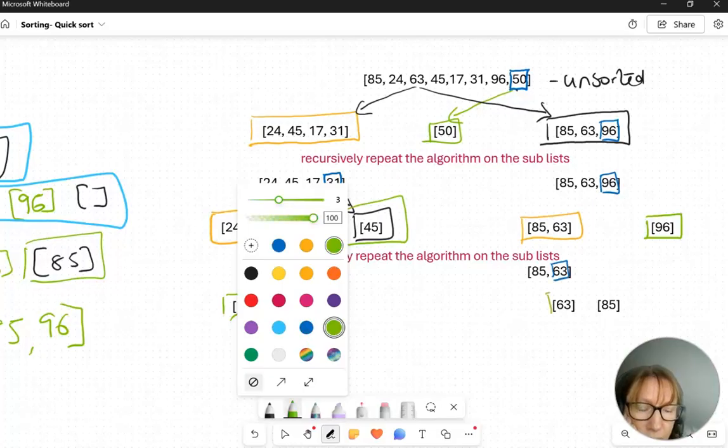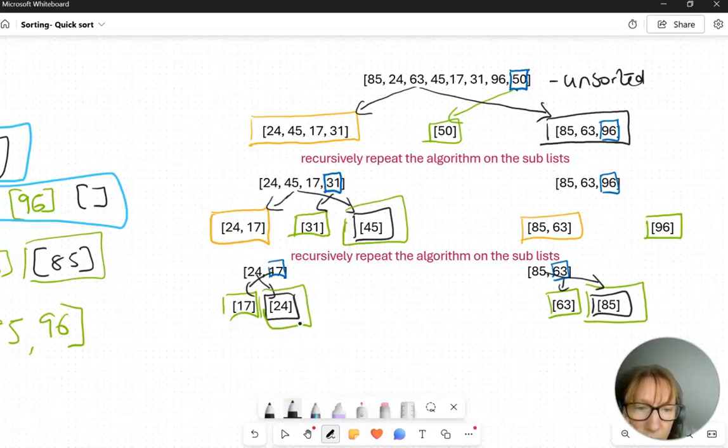This becomes our pivot value, and 85 is actually greater than, so it goes on the greater than side, but because it's a single value, it's deemed now sorted too. So we can see that we've taken this to here, this goes over here. In this one, these are going here, that's going there. Okay, so we have our breakdown, our tree structure now, and now we have to put it all back together.